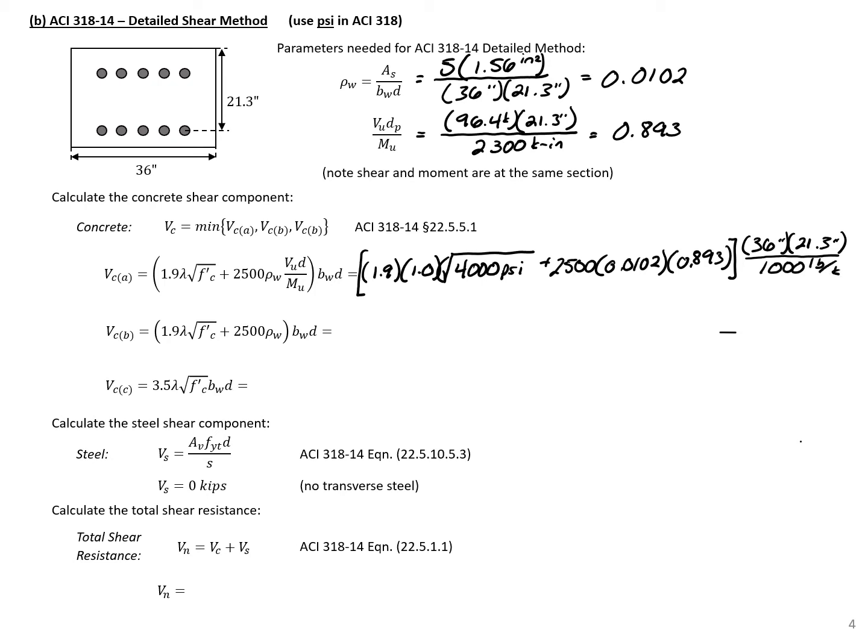So this will give us a VC of 109.6 kips.